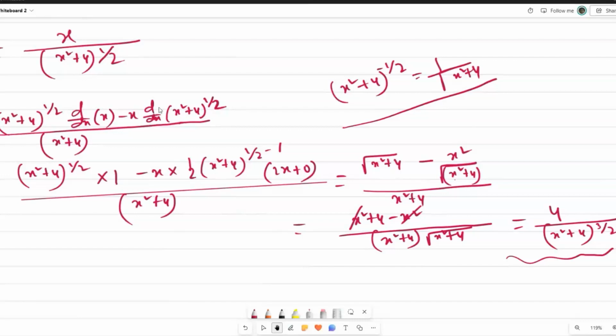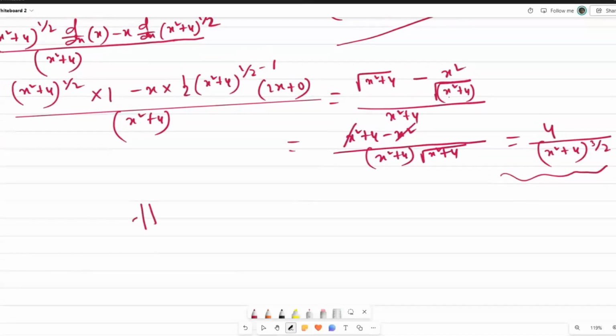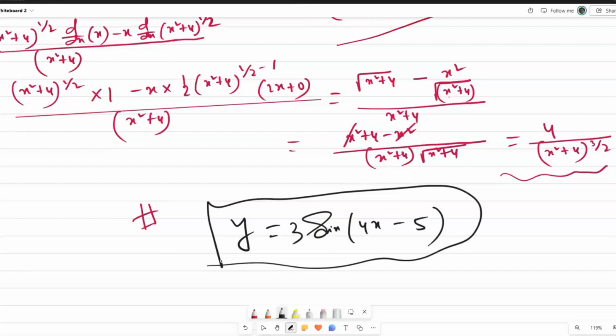Okay. So another problem, if I take, which arises in the next chapter maybe, in which chapter is this kind of equation there? y equal to 3 sine of 4x minus 5. Find dy by dx. This is the simple harmonic motion equation.